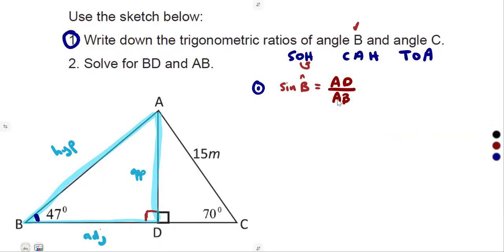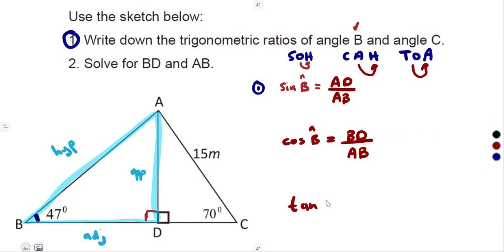In this case, they just wanted you to have them as ratios like that. Do not substitute anything. We also have the cos, adjacent over hypotenuse. So the cos of angle B is going to be adjacent, our BD, over the hypotenuse, AB. Then the last one being the tan of theta.